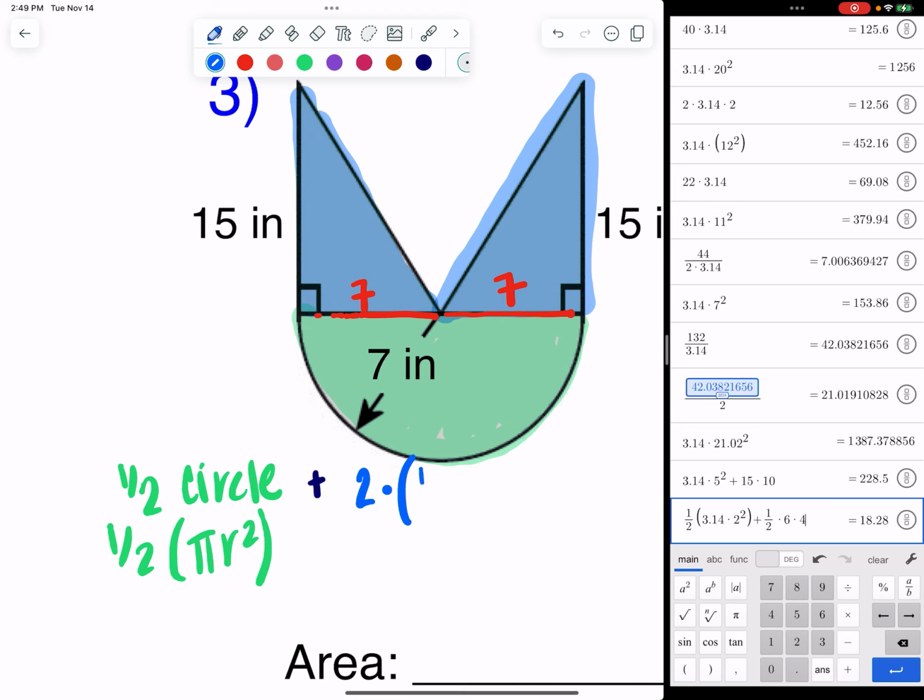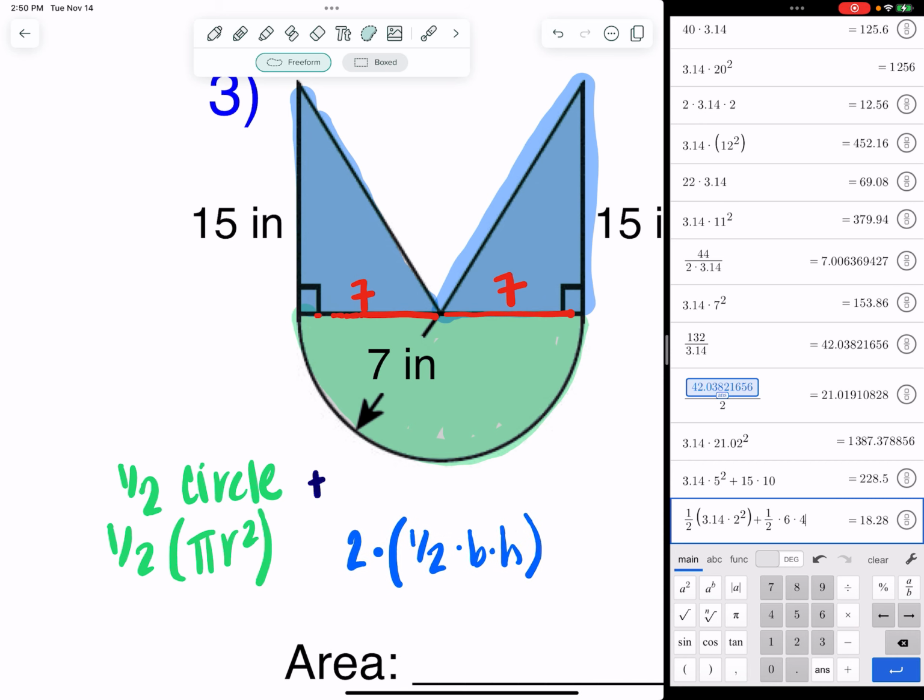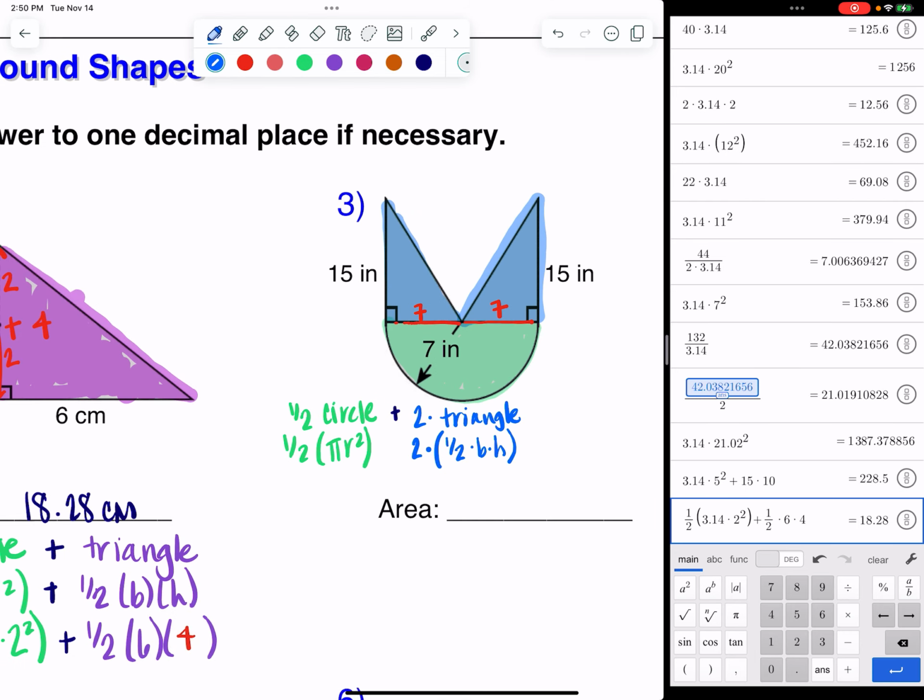The area of a triangle is 1/2 base times height. So we want 2 times the triangle. So I'm going to fill in my pieces.